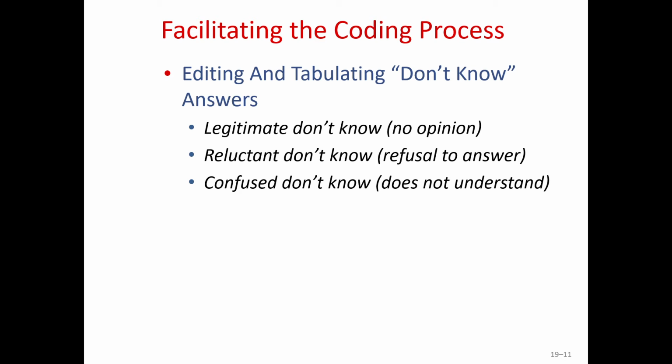Maybe the respondent is reluctant. A reluctant don't know is given when the respondent simply does not want to answer the specific question. In some situations, the editor can separate the legitimate don't knows, no opinion, from the other don't knows, and then the editors may try to identify the meaning of the don't know answer from other data provided on the questionnaire.